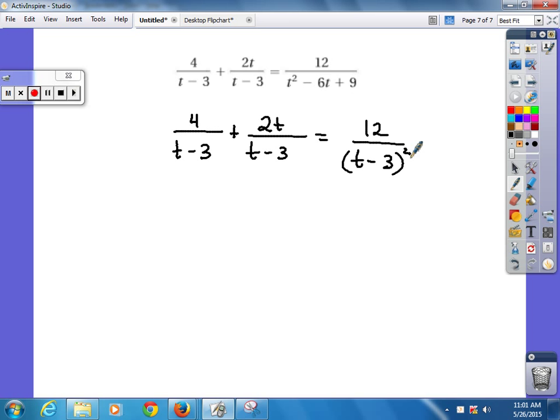Squared. So we take our handy dandy red marker and we multiply by t minus 3 squared over 1, because we know whenever we want to find the common denominator, we always use the highest exponent. So the highest exponent is what we're going to multiply through by.